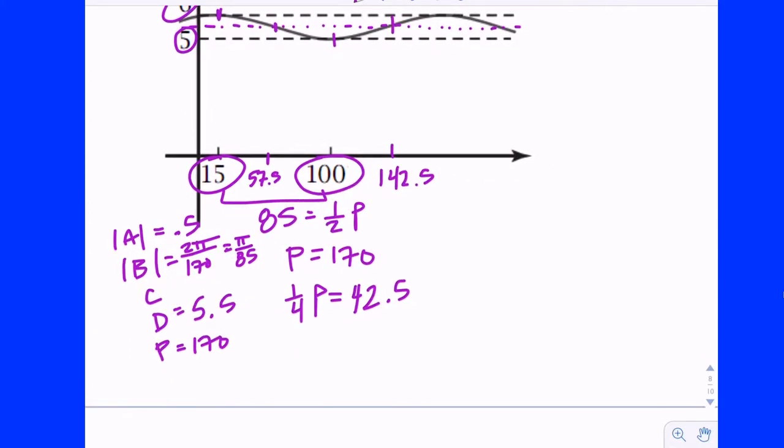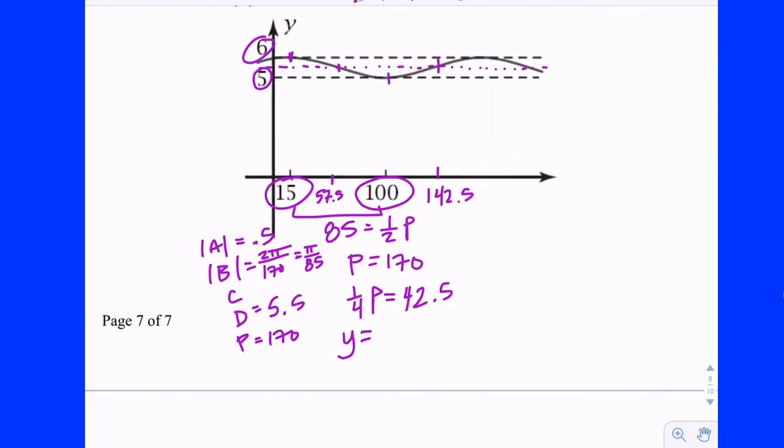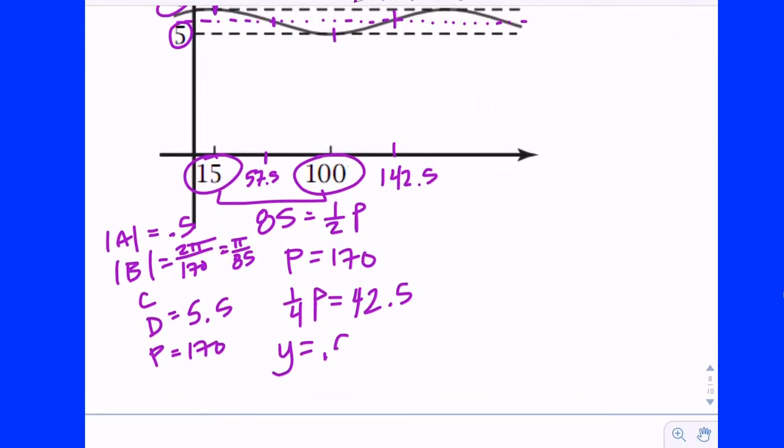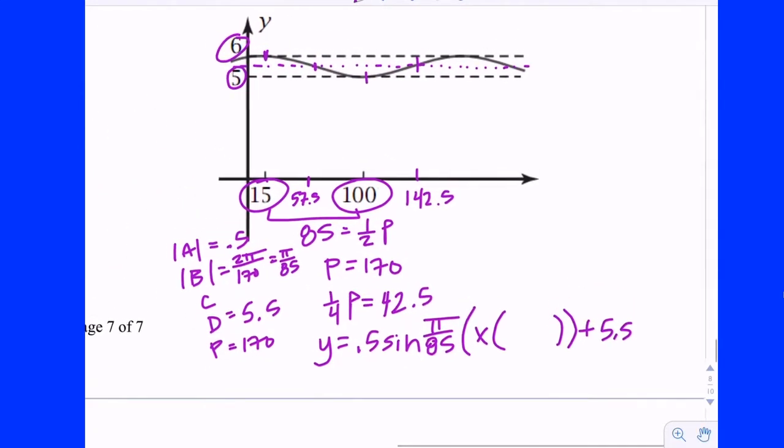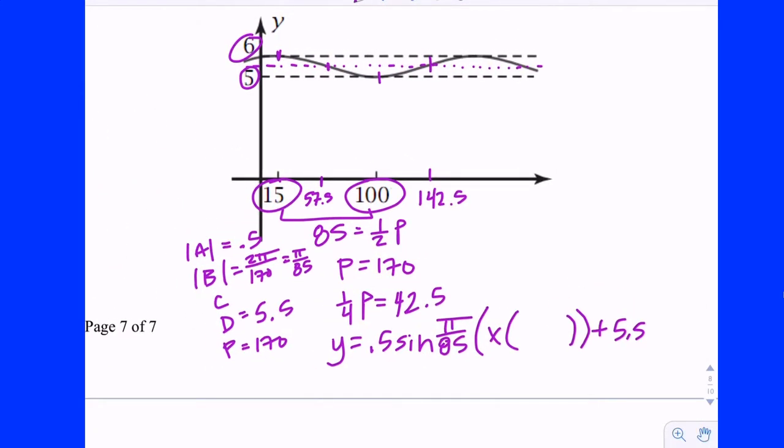So here we go. The y equals, let's do a positive sine. The amplitude is 0.5. Sine of our B value comes next, which is pi/85, times x plus or minus something. And then the D value is plus 5.5. And now for a positive sine, we shift over to what?